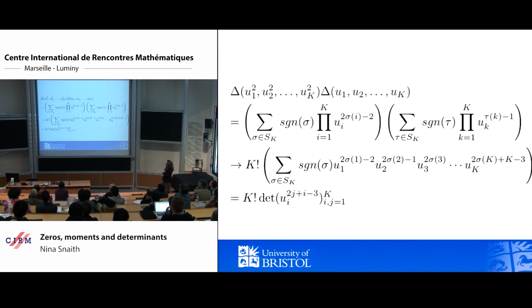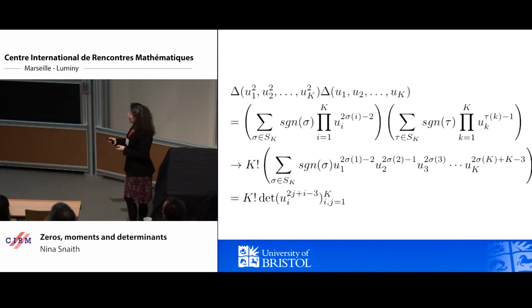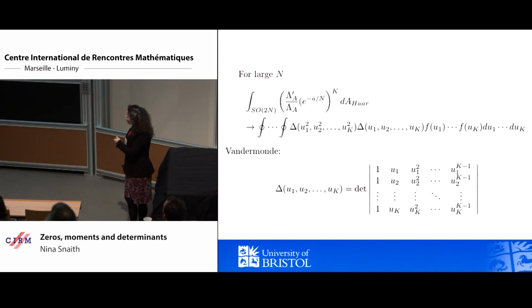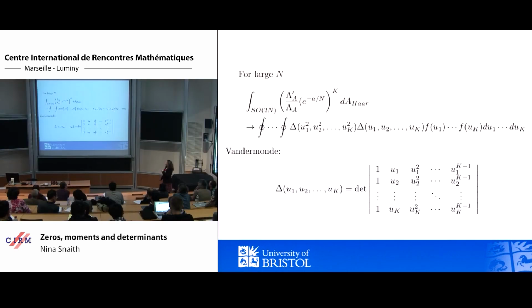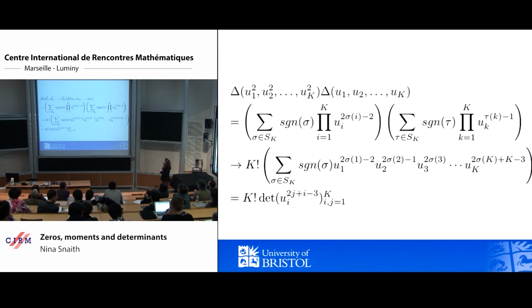So we have these two sums, but then the thing to remember is that these Vandermondes occur inside an integral, which is otherwise completely symmetric in all the k u variables. And so one term in this sum here is the product of u1 to the power 0, u2 to the power 1, u3 to the power 2, and so on.